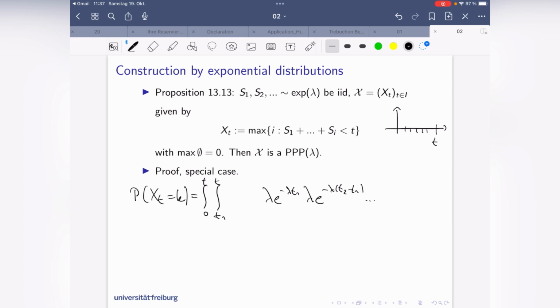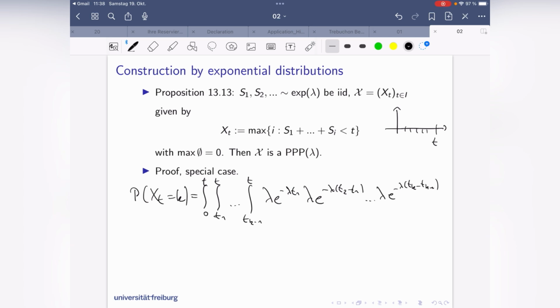And so on. Then I have lambda e to the minus lambda (tk minus tk minus 1), and that goes from tk minus 1 until t, so that determines my tk.